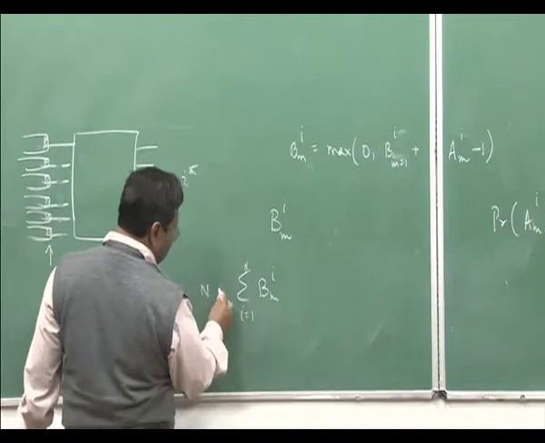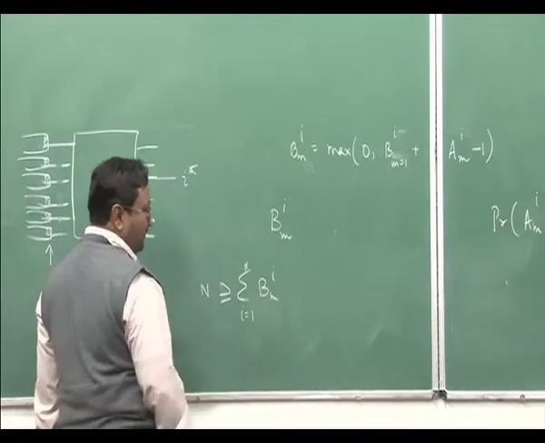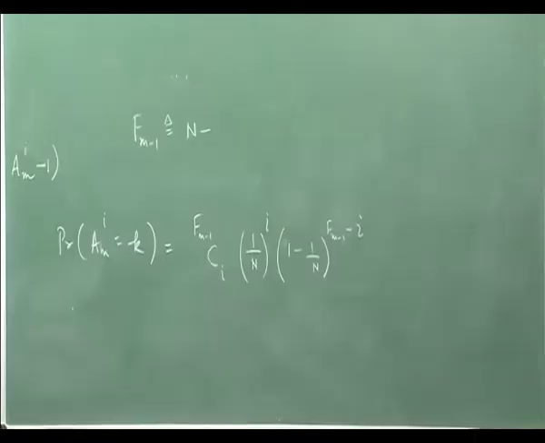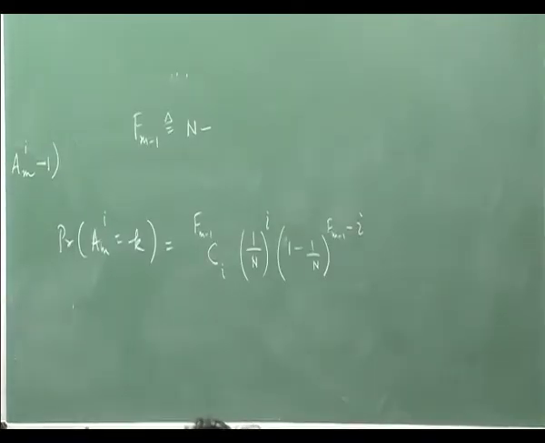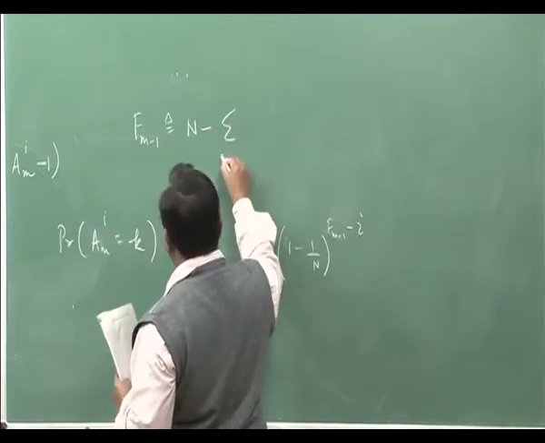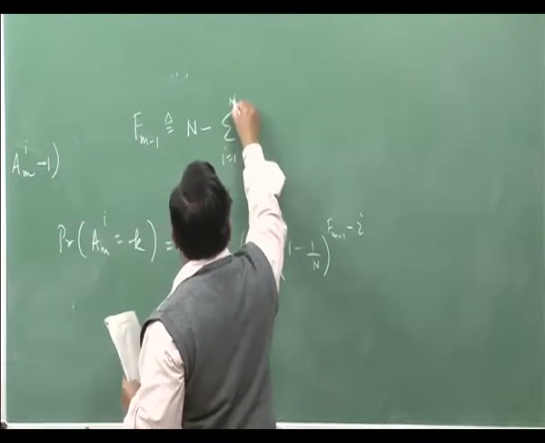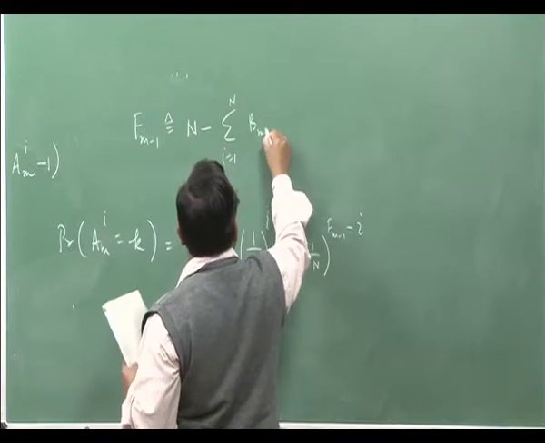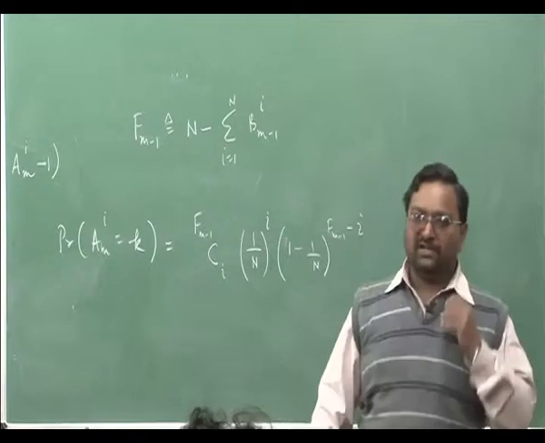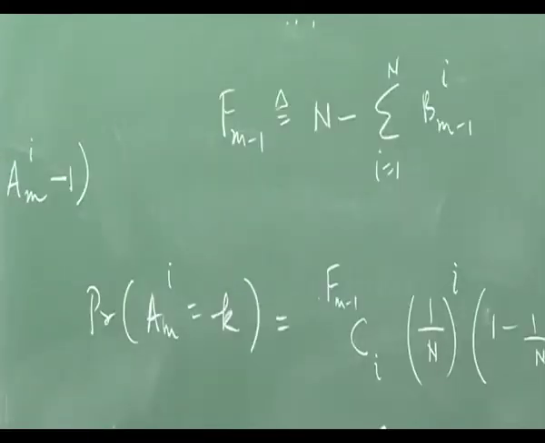But ideally speaking, this should always be less than or equal to n. The difference between them is what is FM minus 1. So n minus this sum, the difference, should be FM minus 1.